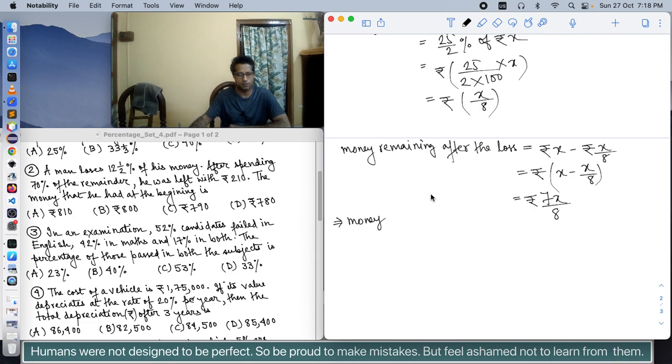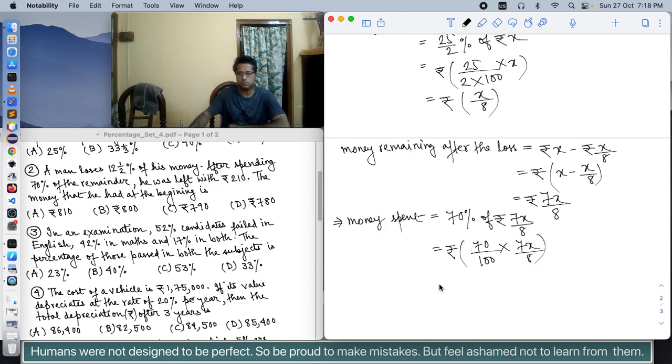So let's calculate what the money spent was. So money spent is equal to 70% of the remainder, that is rupees 7X by 8. This is equal to rupees 70% means 70 by 100 multiplied by 7X by 8.